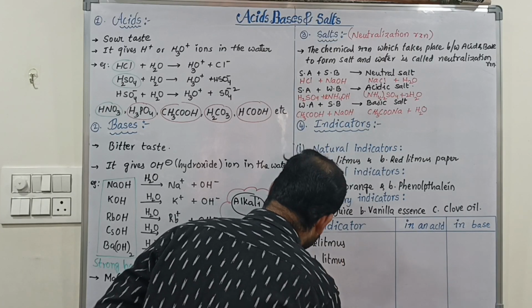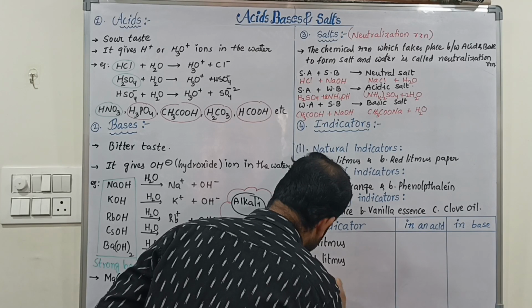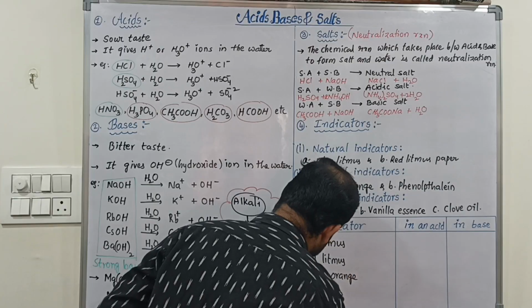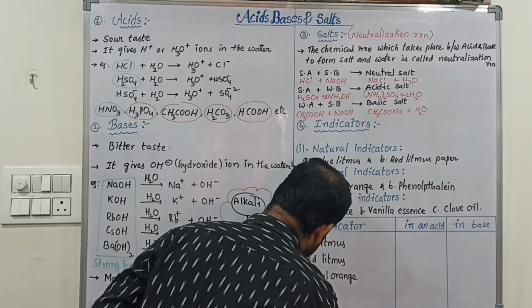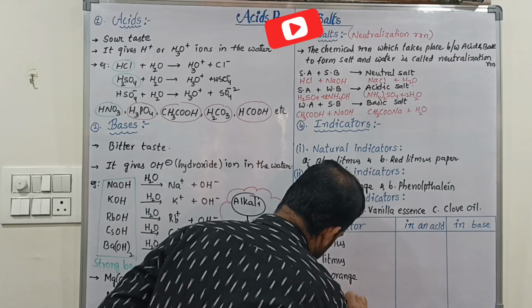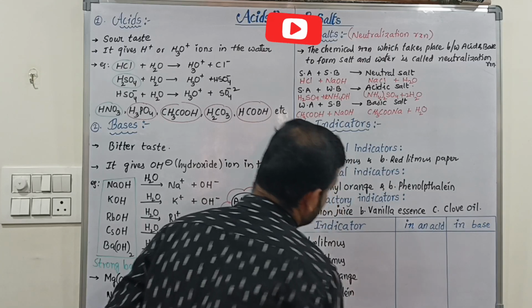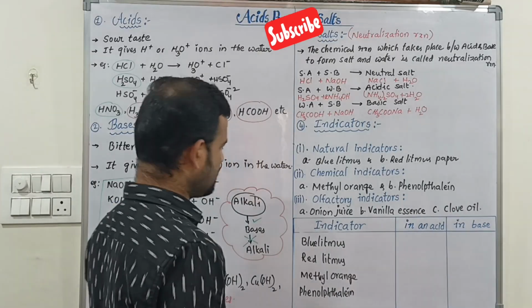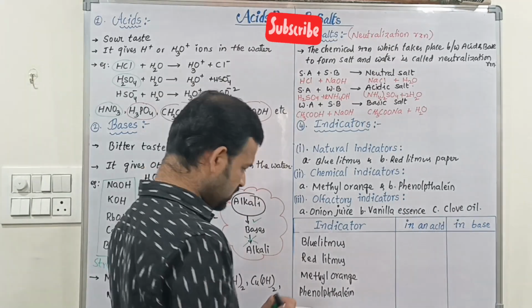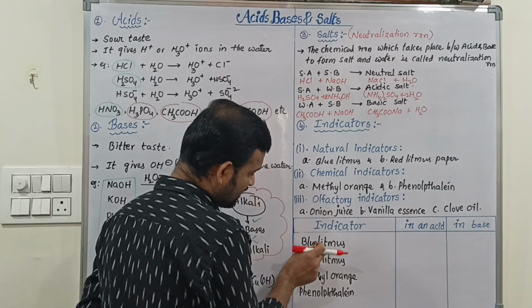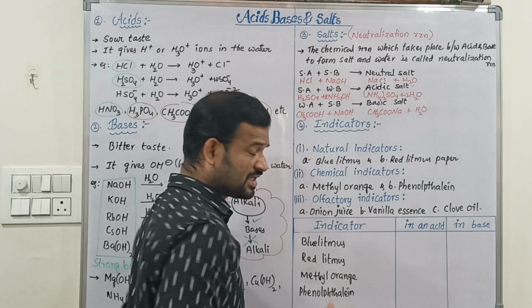Chemical indicators: methyl orange, and another chemical indicator, phenolphthalein indicator. Understand?